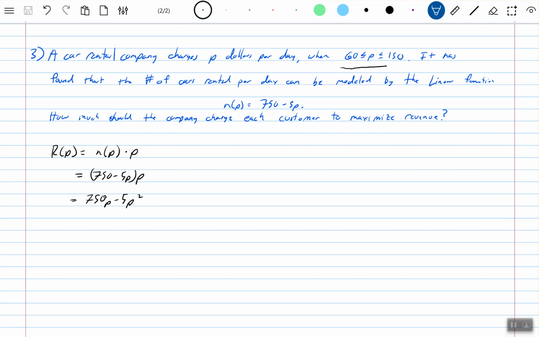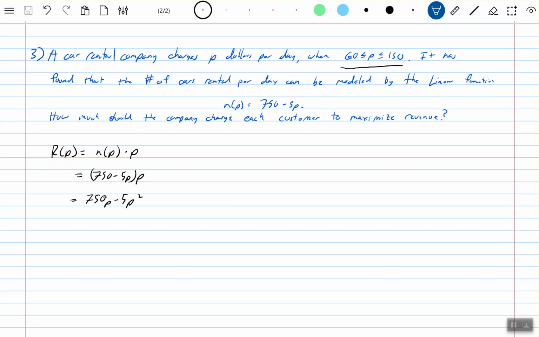It's on the closed interval 60 to 150. So if you remember the extreme value test, not only do we have to test the critical points, we also have to test the endpoints. So what we're going to do is prove that whatever solution we get from this equation is a relative maximum, take that relative maximum and these two endpoints, and check all of them. Whichever one gives us the highest revenue, there's our answer.